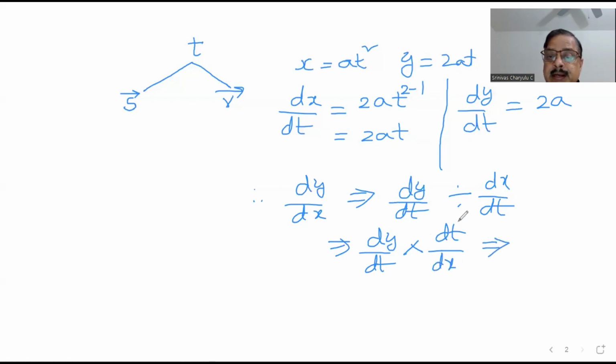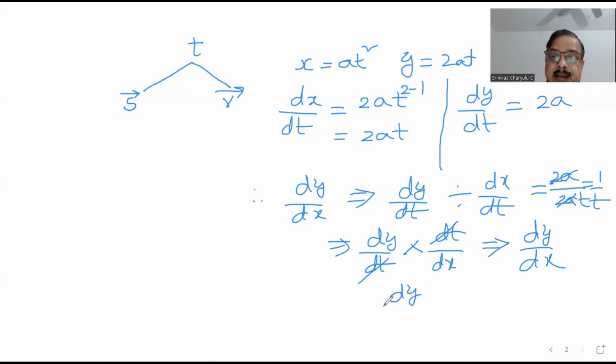Then dt and dt get cancelled, and dy by dx will come. So what is the substitution here now? Dy by dt is nothing but 2a divided by dx by dt, which is 2at. So 2a and 2a get cancelled. You will get 1 by t. So dy by dx finally we got as 1 over t.